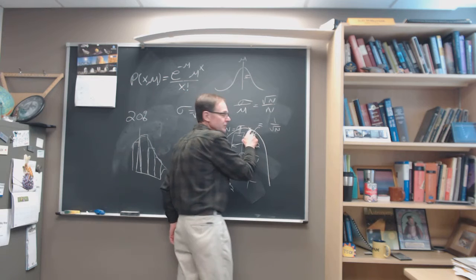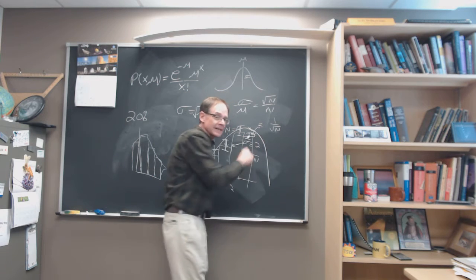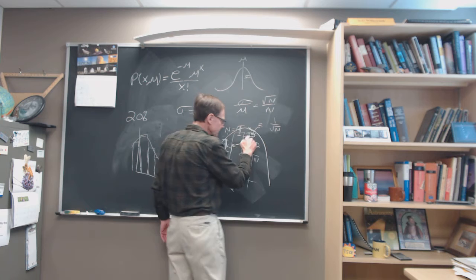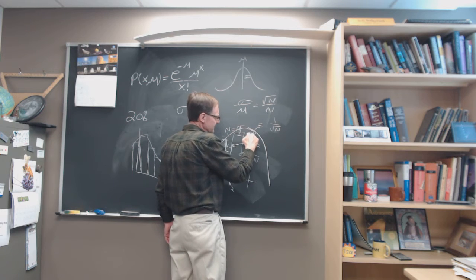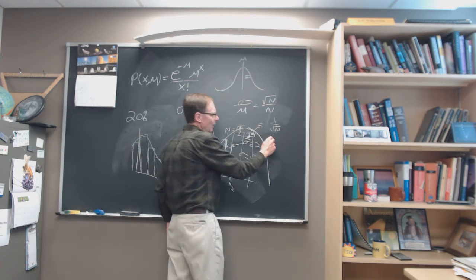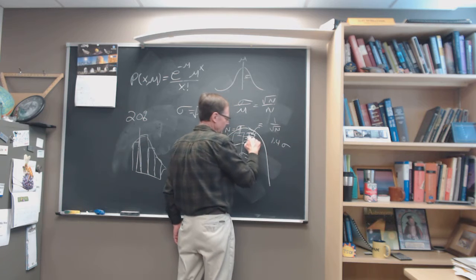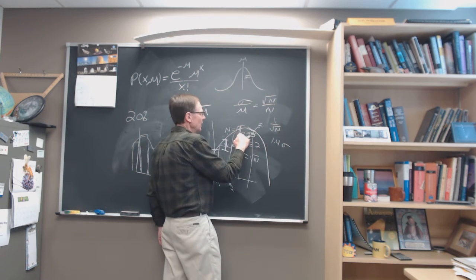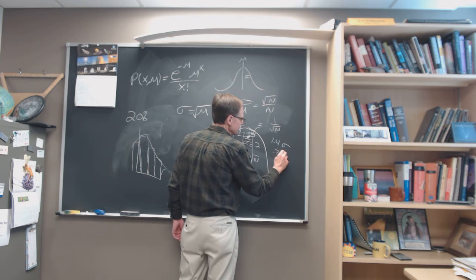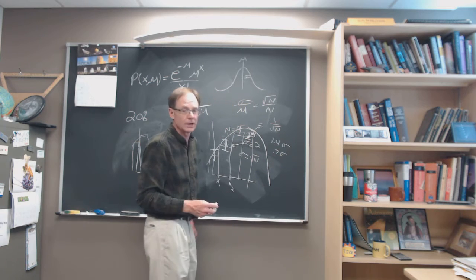So you look at your fit and say your fit right here missed high by 1.4 standard deviations, for example, in that bin. And this one maybe missed high by 0.7 standard deviations or something along those lines.